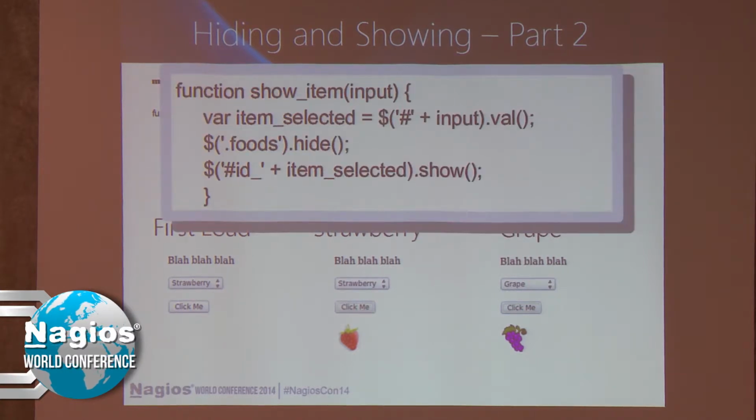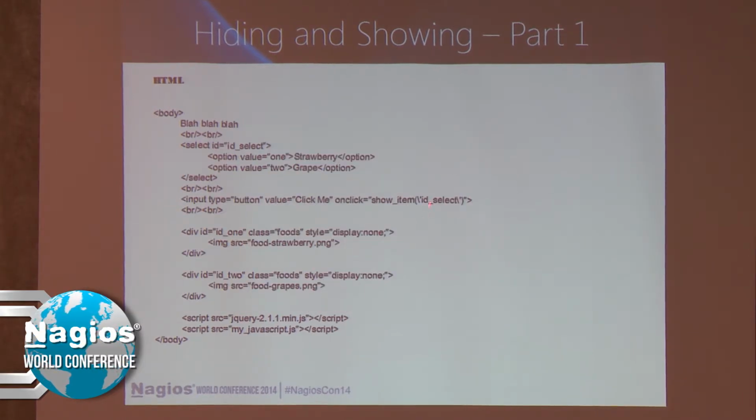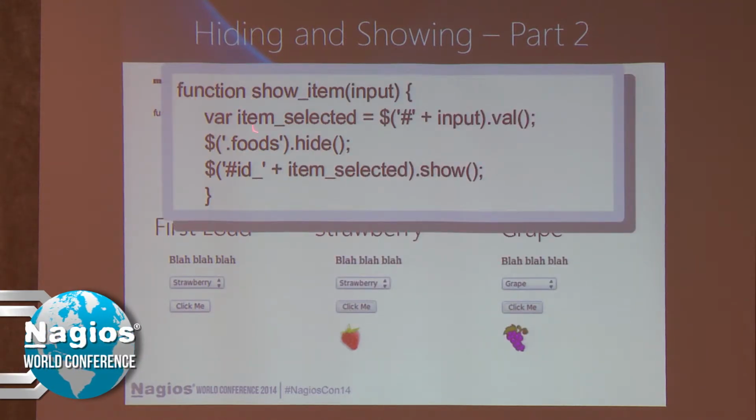What is happening here is the JavaScript function, which on the previous page we sent the name of the select through. Simple as that. So that's the JavaScript function, and it receives that name. It then goes and gets the value of what that select was.